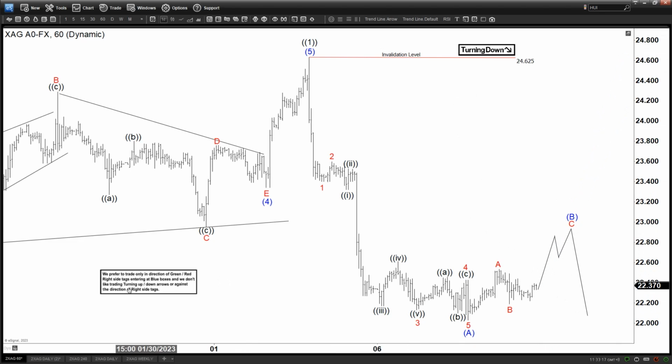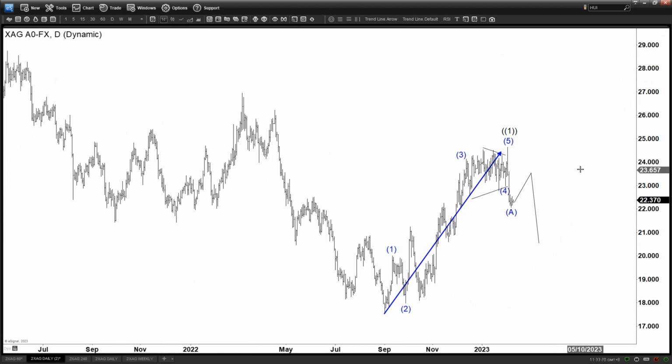Now what about a situation in which, let's say, we don't do another leg lower and we just continue to rally? Well, it is possible if it is doing a flat. So let's say if I place here a 4, right, and let's say I place 5 here, then there is a possible count in which we can count this as an expanded flat A, B, C. And then if that's the case, then we don't need another leg down, right?